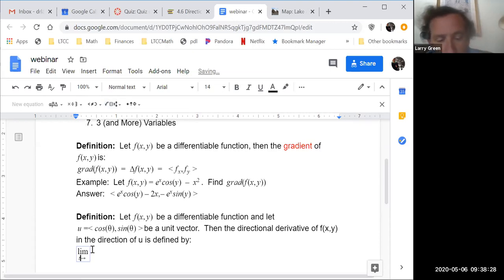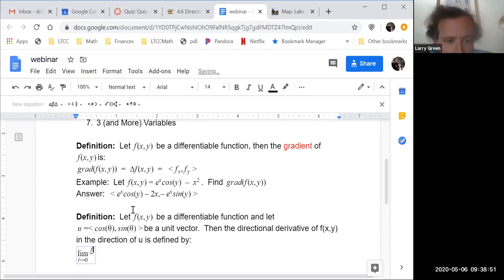So we're going to take a limit as t approaches 0. So it kind of looks like a derivative. Don't derivatives look like that? And then there's going to be a fraction, because derivative definitions have fractions.